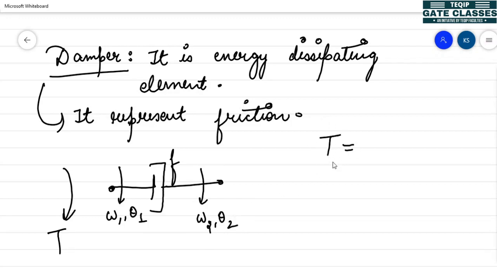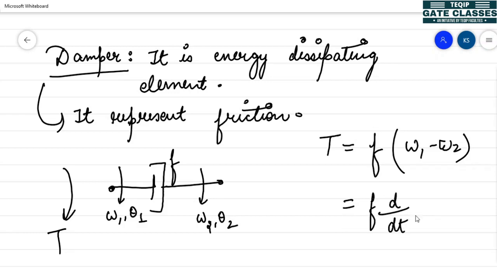On applying Newton's law of motion, the torque developed due to the damper is F into (omega 1 minus omega 2), where F is the damping coefficient, or in terms of displacement, F d by dt of (theta 1 minus theta 2).